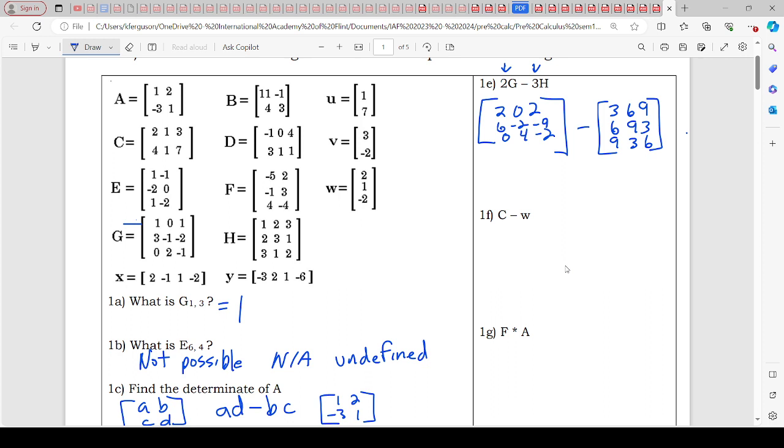And then I need to subtract each element from its corresponding element. Yep. 0 minus 6 is -6. 2 minus 9 is -7. 6 minus 6 is 0. -2 minus 9 is -11. -4 minus 3 is -7.